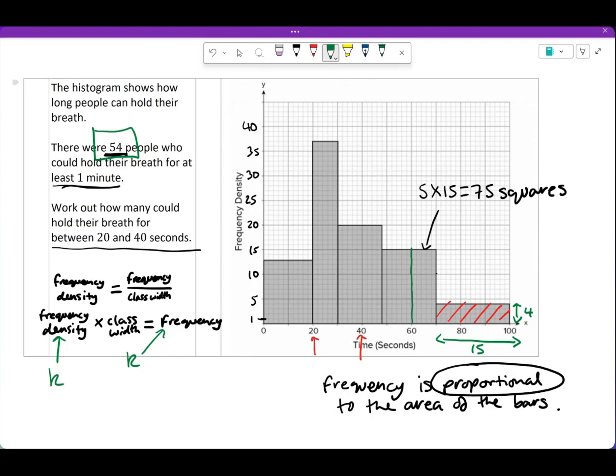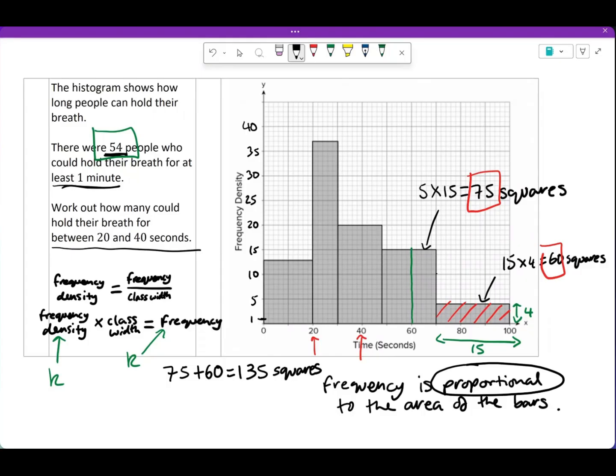So to calculate the area, we are going to do 15 multiplied by 4, which gives me 60 little boxes or little squares. So now I can calculate how many little squares there are in total, greater than 60 seconds. So that is 75 plus 60, and that's going to give me 135 squares.